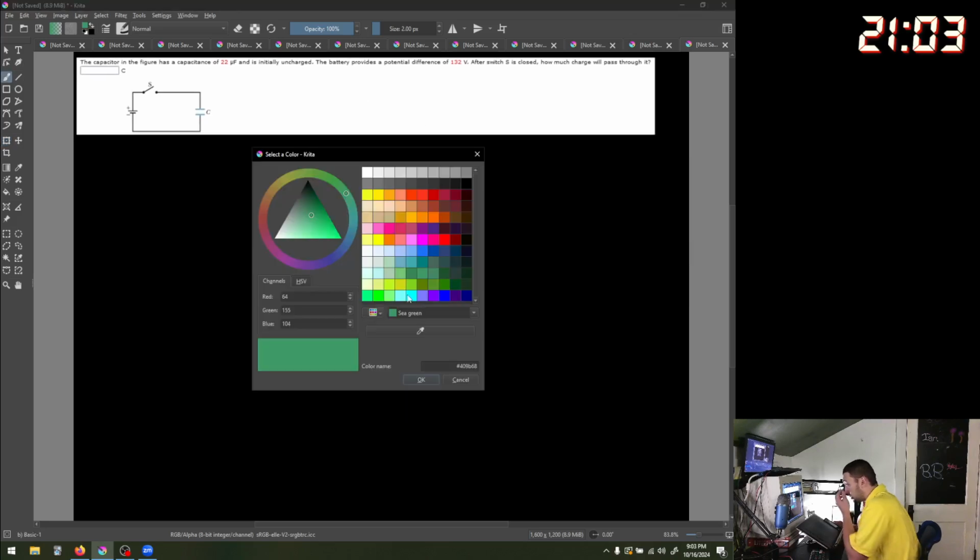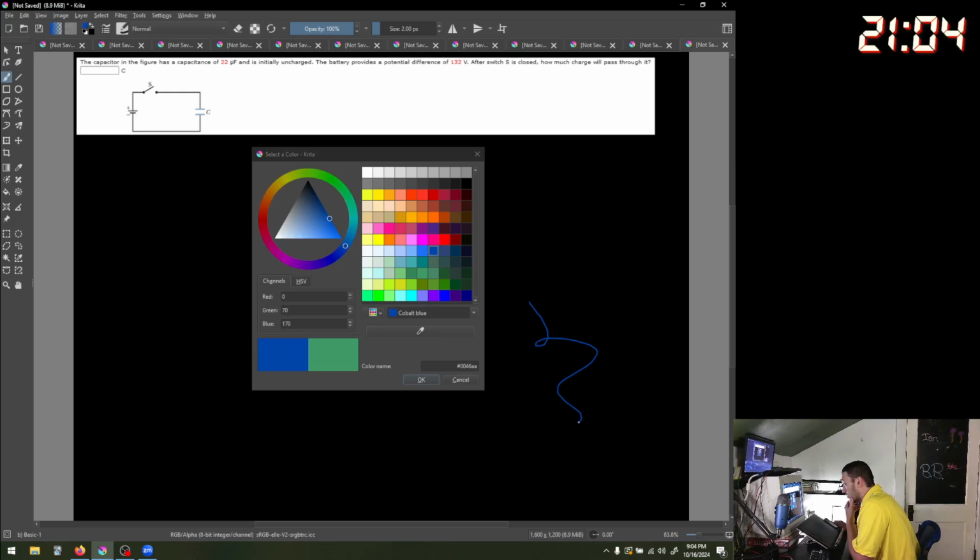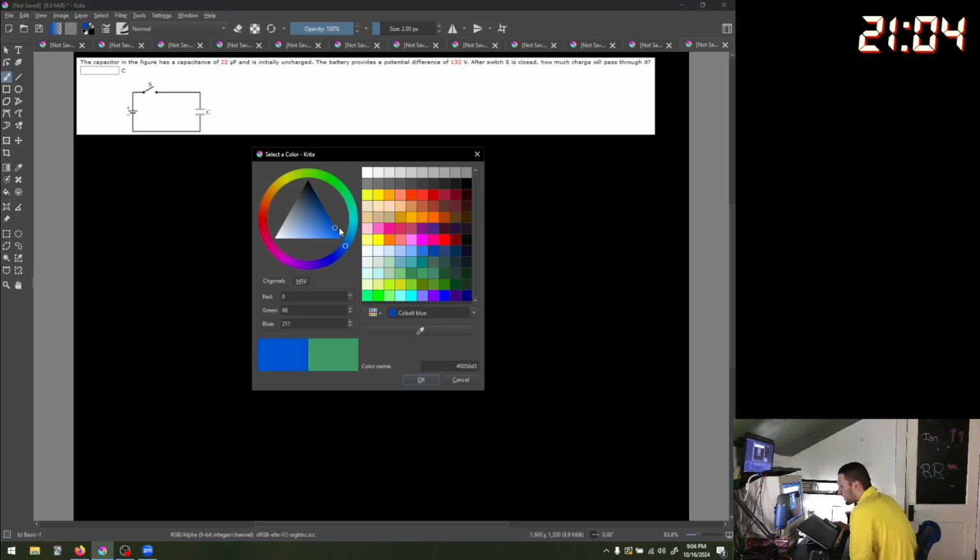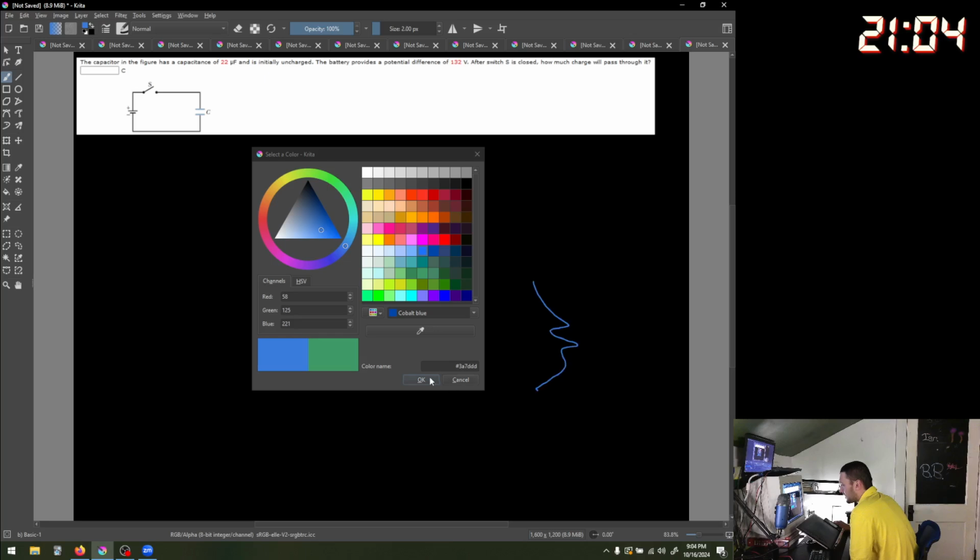I'm thinking about blue. Nice shade of kind of blue, a very dark blue, but it'll have to do. I was thinking a little bit lighter. What if I slide the slider? That blue is pretty good. There we go.